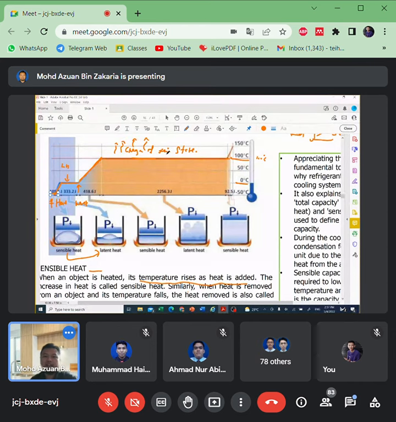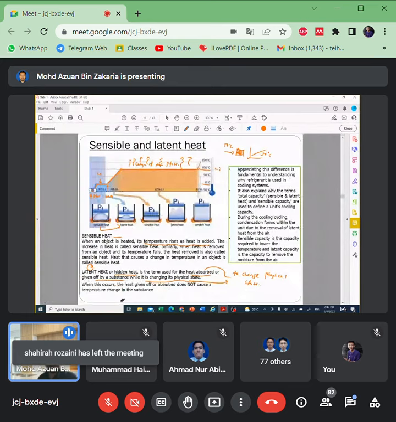So the boiled water changes to gas. That is what we call latent heat: the energy required to change from solid ice to liquid, and the energy required to change from liquid to gas.